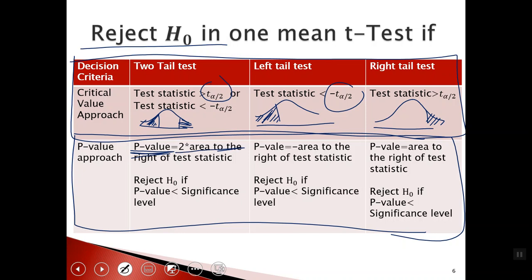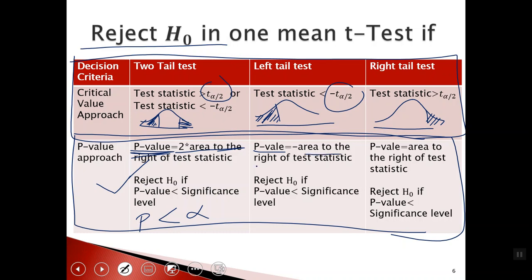2 times area. Okay, we reject if the p-value is less than your significance level. So p-value less than your alpha, we reject H naught. Then left tail test under the p-value approach, we calculate the p-value the same as in the Z test.